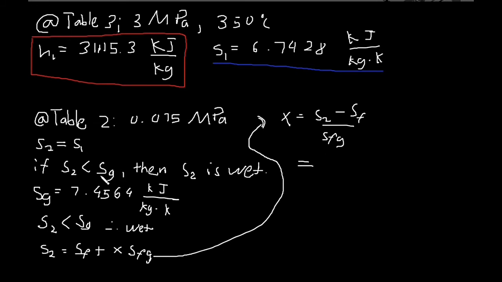We have S2 6.7428 minus SF at 0.75, which is 1.2130, over SFG 6.2434, which is equal to, I'm gonna use a calculator here, 6.7428 minus 1.2130 divided by 6.2434.